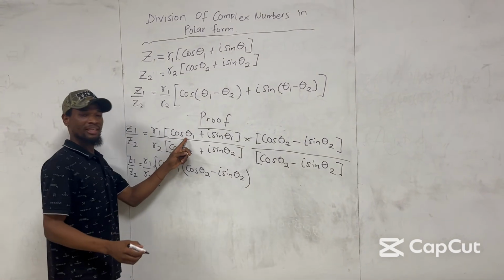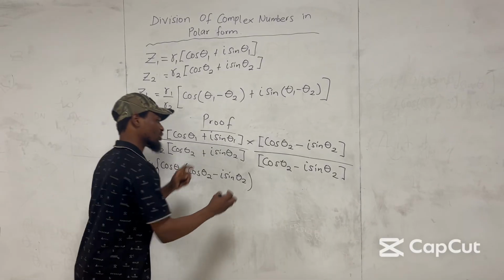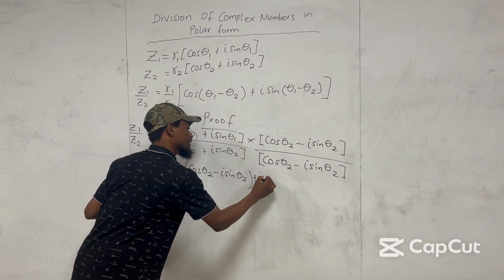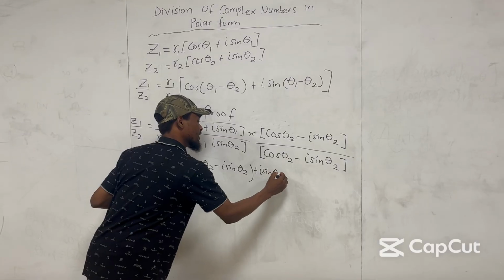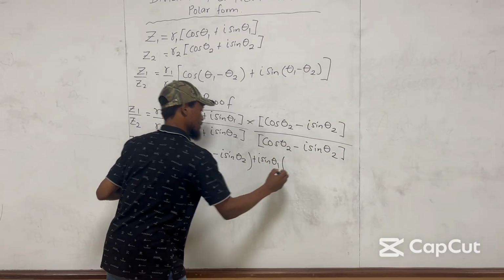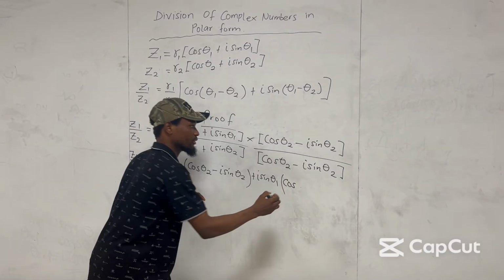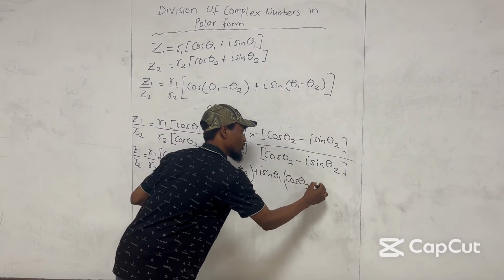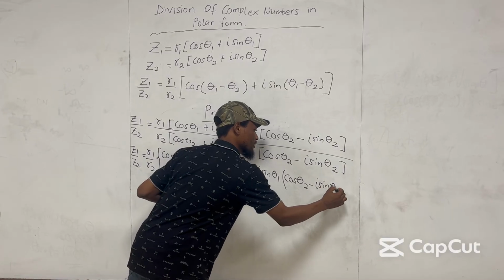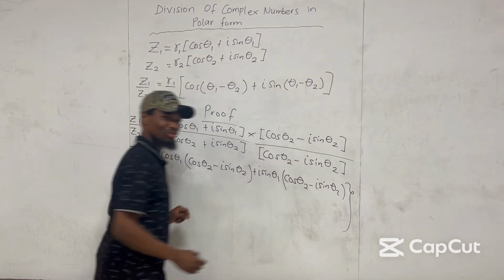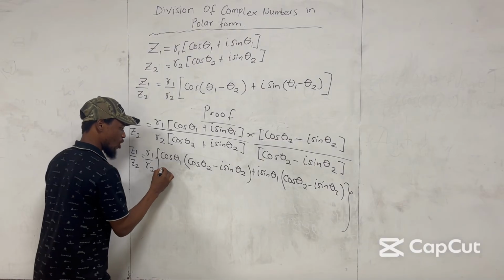I'm done with the first term, then I pick the second term, which is plus i sin theta 1, then I have cos theta 2 minus i sin theta 2.